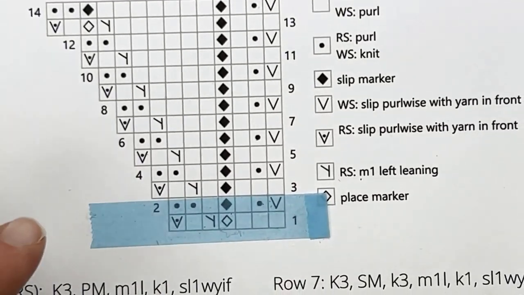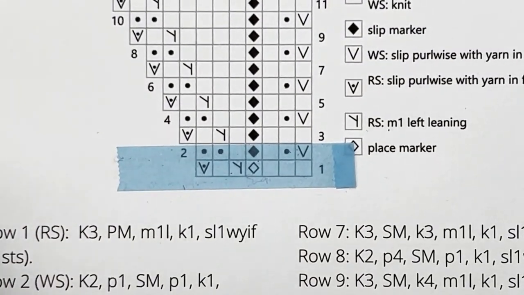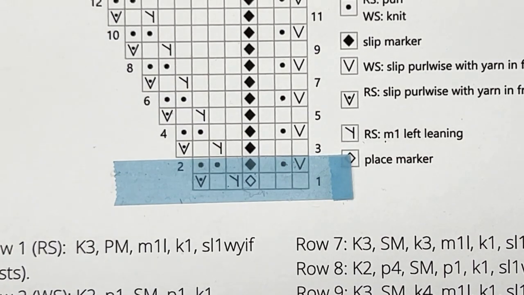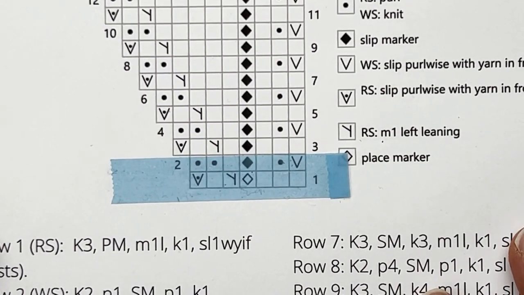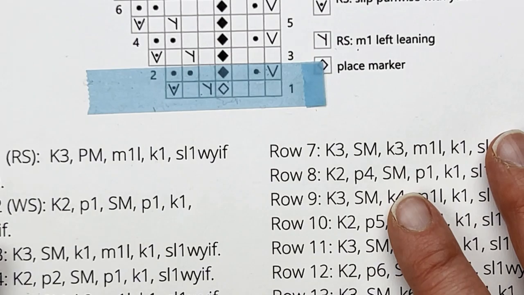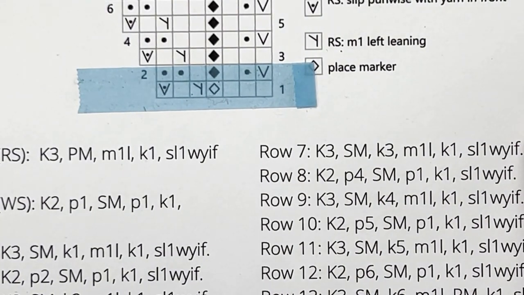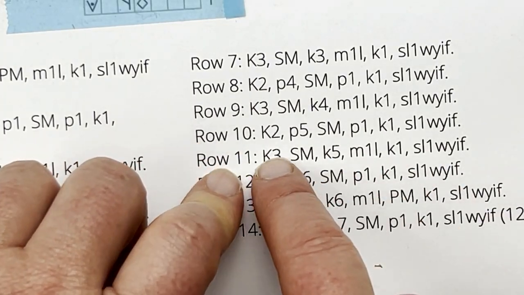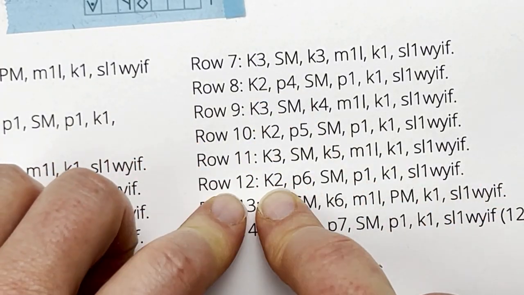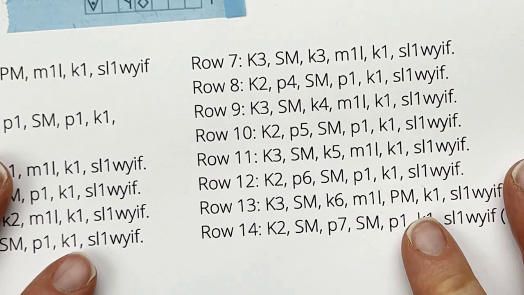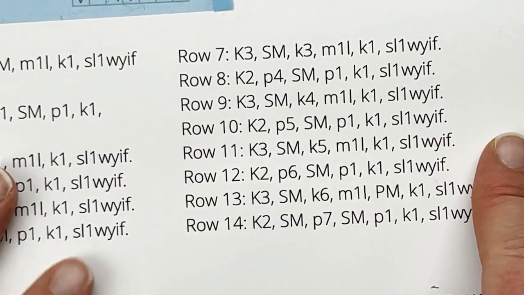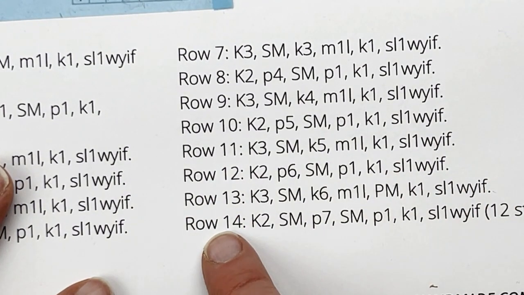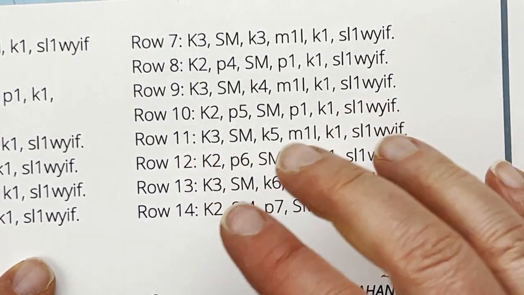And once you have familiarized yourself with knitting from a chart, not only will your knitting become faster, but you'll also find yourself making far fewer errors because you're not searching around for your instruction in a long line of instructions, which in a complex pattern can get quite long.